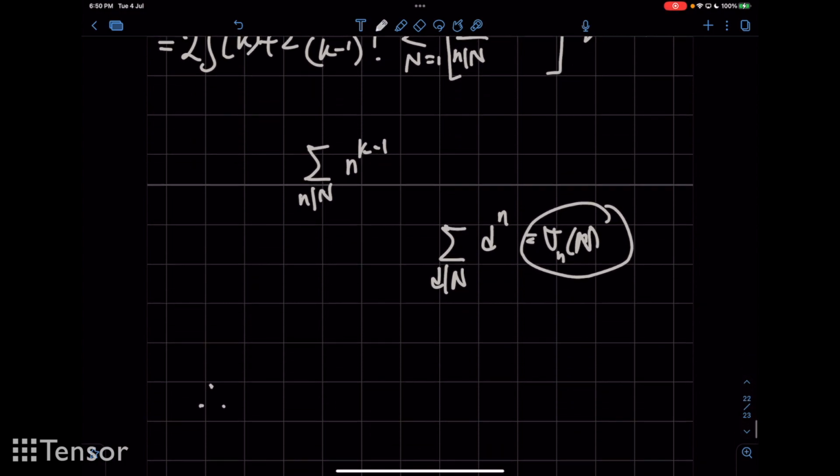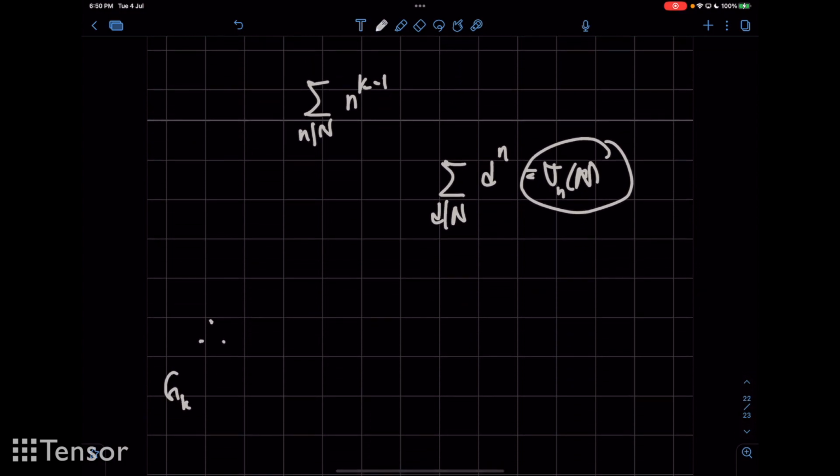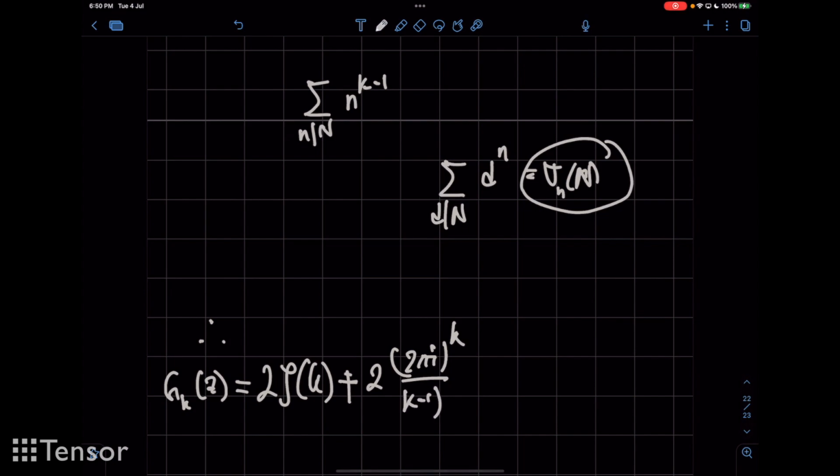So yeah. Let me try to write it from memory to see. So plus (2 pi i) to the k over (k minus 1) factorial, sum of sigma k minus 1 of N.